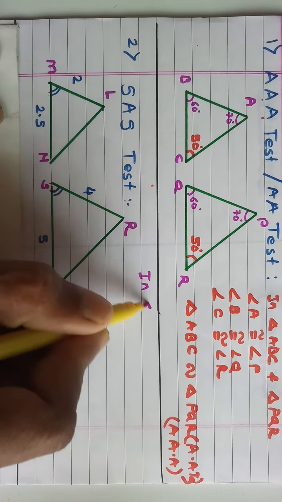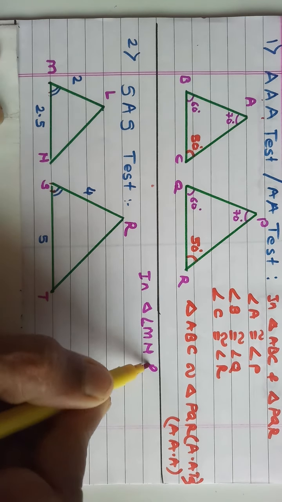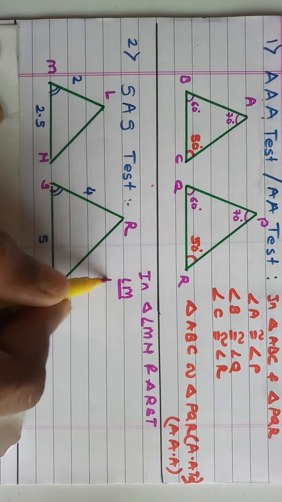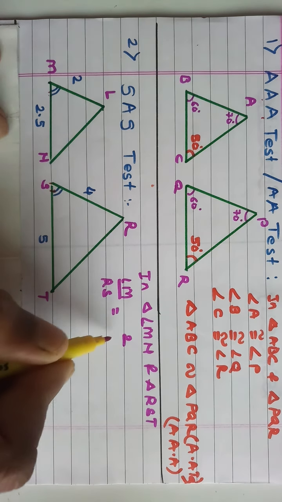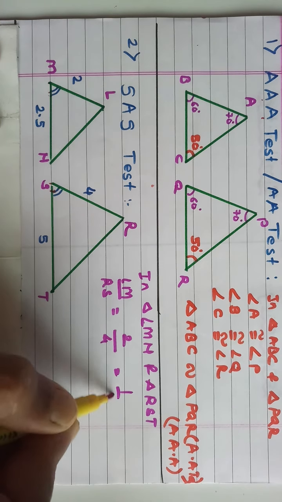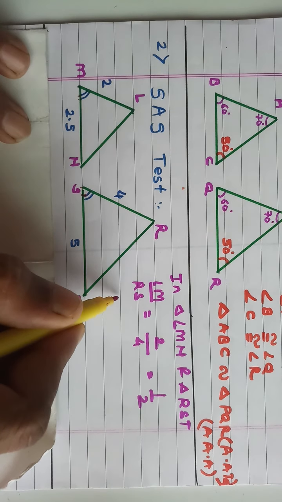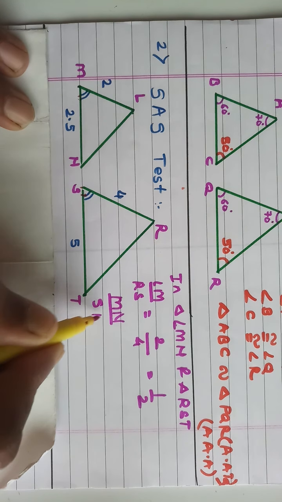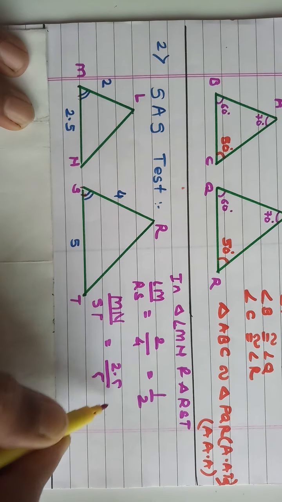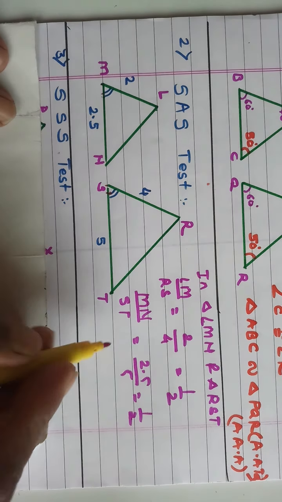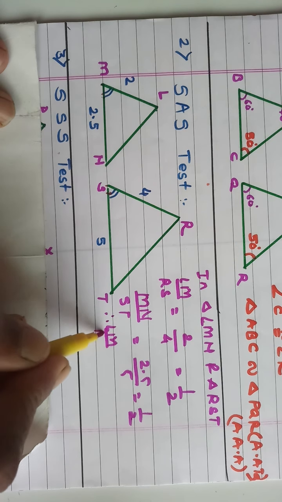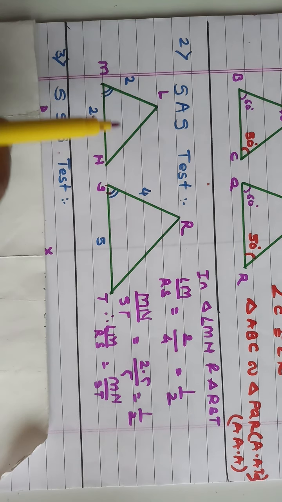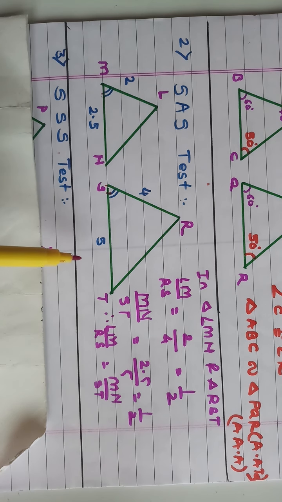In triangle LMN and triangle RST, LM upon RS: LM is 2, RS is 4, so it is 1/2. Similarly, find the ratio of MN to ST: 2.5 upon 5, it's 1/2. That means LM upon RS is equal to MN upon ST, so the two corresponding sides are in proportion.